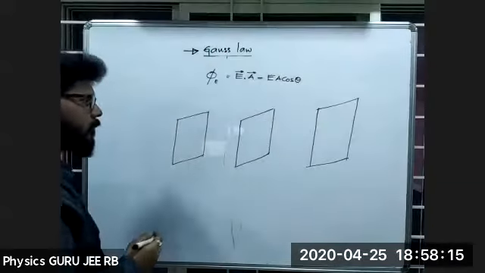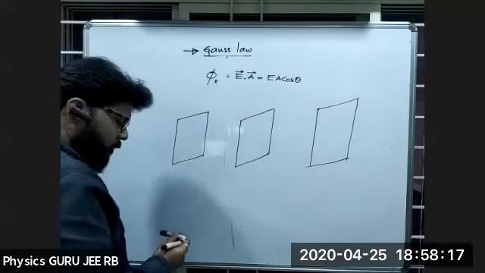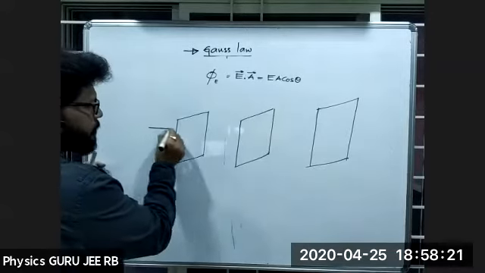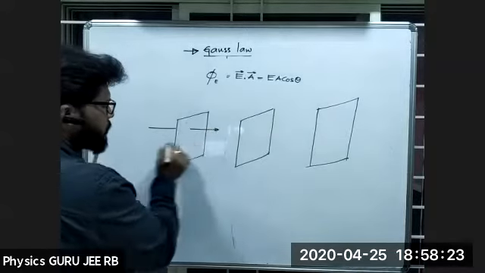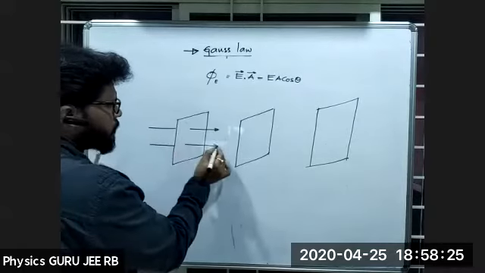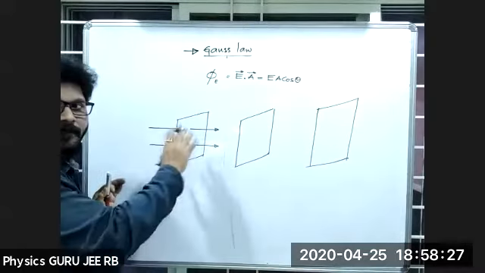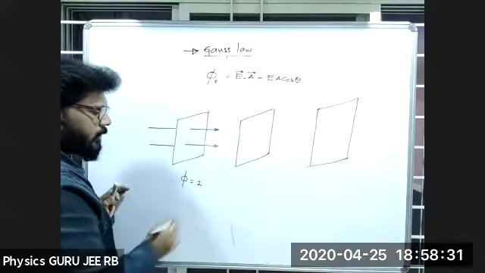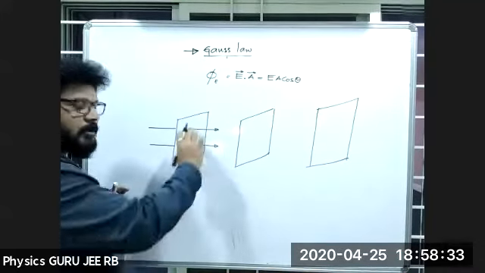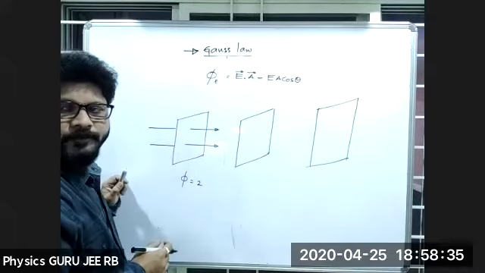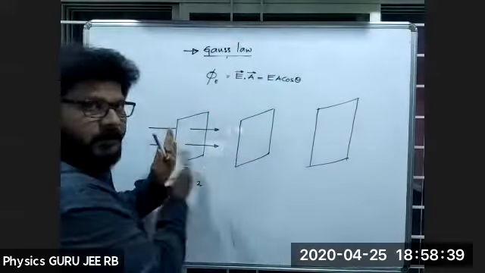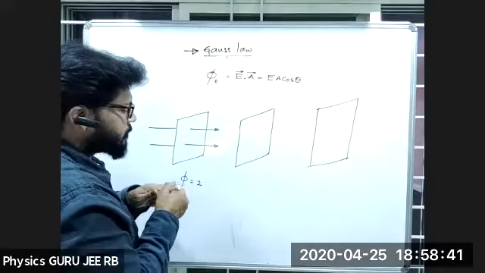If I take number of lines here, that means flux can be given as a scalar quantity. How many number of lines? Flux is nothing but 2. It is indicating 2.